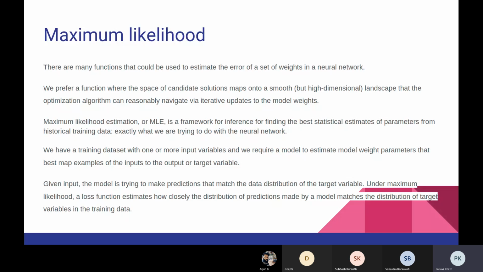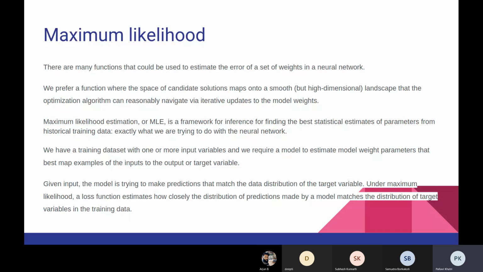Which is what we are trying to do with the neural network. We are trying to adjust all our parameters based on the training data which we provide to get the best optimal solution. Now we have a training data set with one or more input variables. We require a model to estimate the weight of the parameters that best maps the example inputs to the target output.